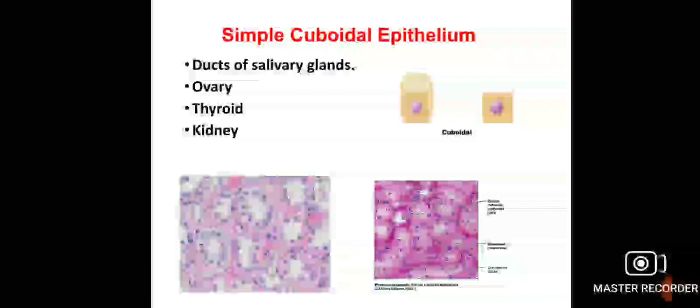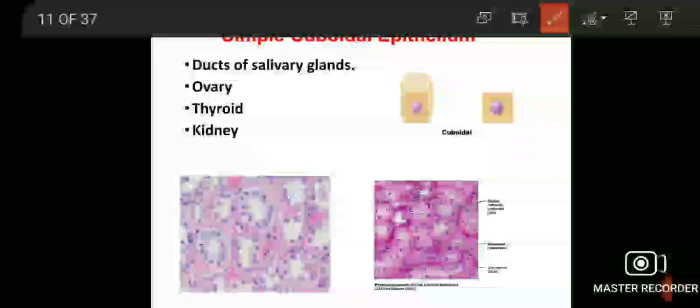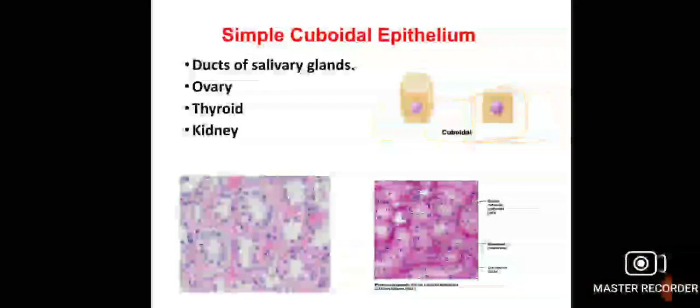Simple cuboidal epithelium is the single layer of cuboidal cells. The cuboidal cells, as you can see in this diagram, have the same height and width. This one is the cube. Okay, and when these cuboidal cells are closely aggregated to each other, they form the simple cuboidal epithelium.